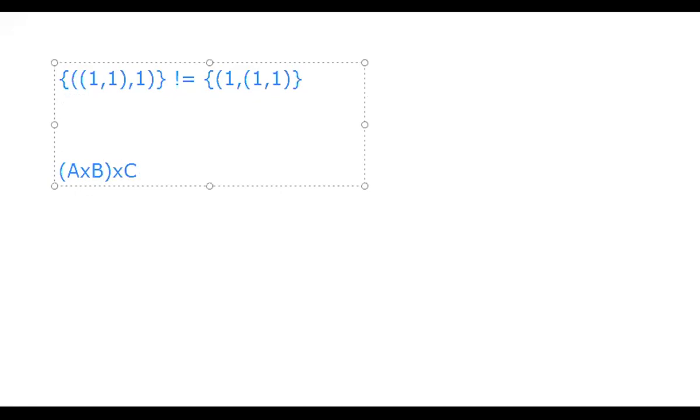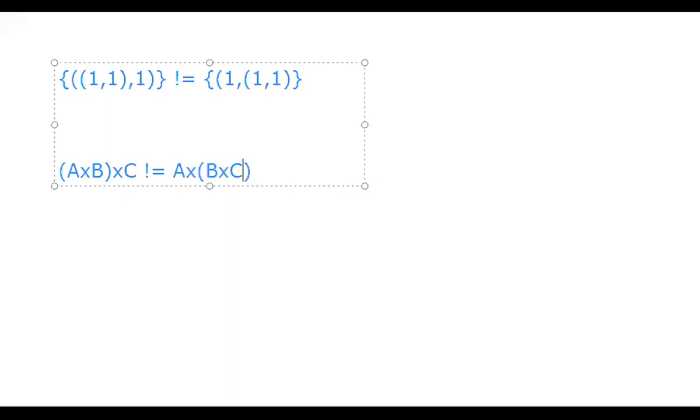So (A cross B) cross C is not equal to A cross (B cross C).